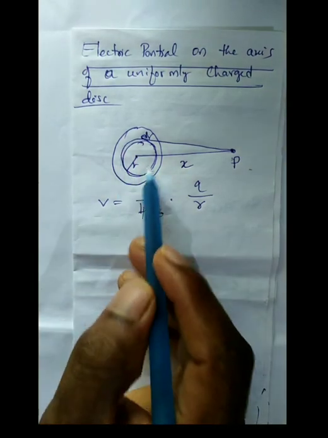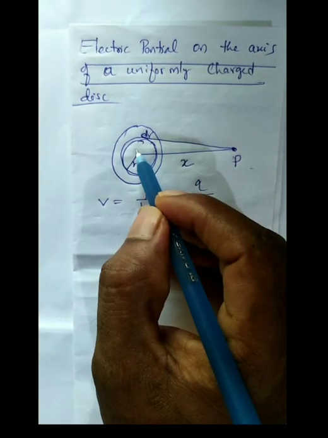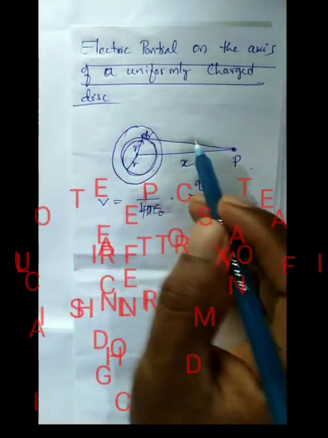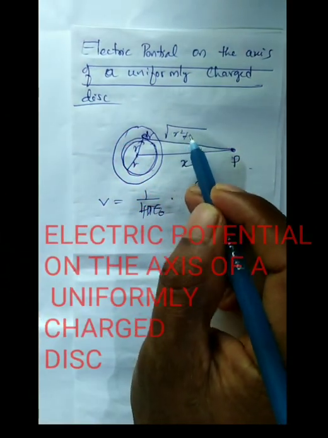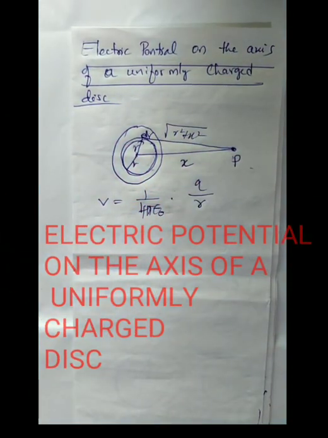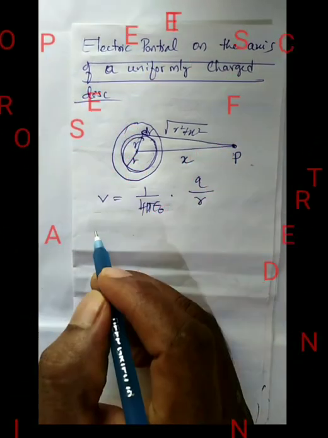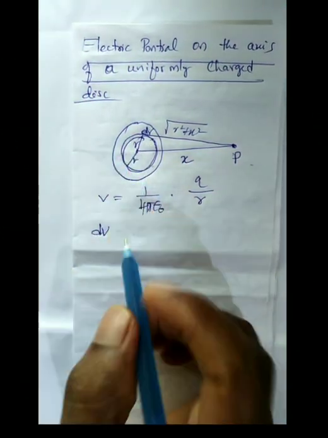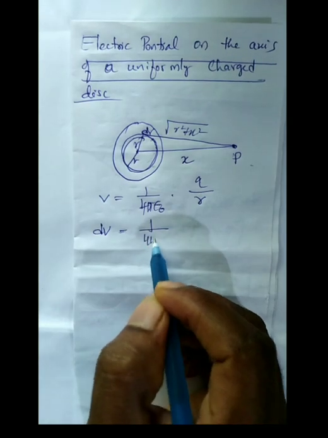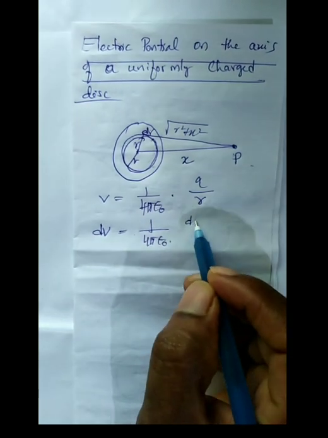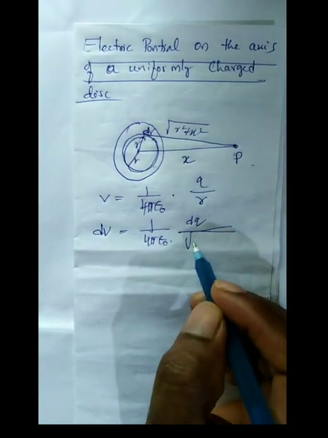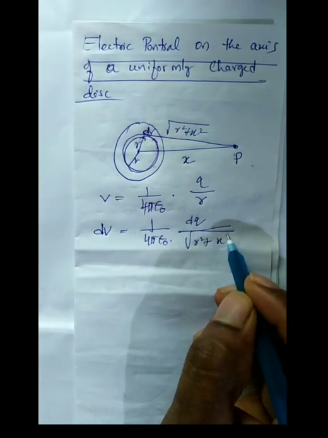So that distance will be square root of r square plus x square. That is the small potential because of this strip: 1 by 4 pi epsilon naught, dq is the charge, and the distance is square root of r square plus x square.